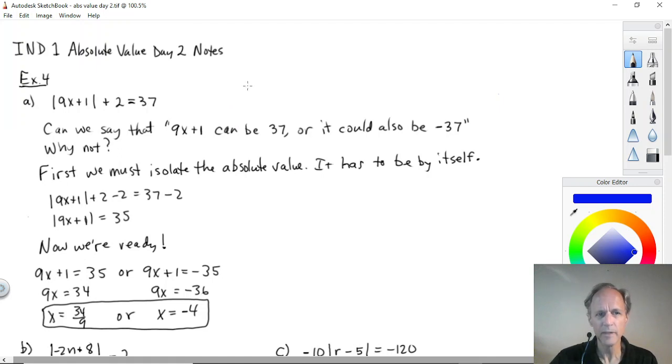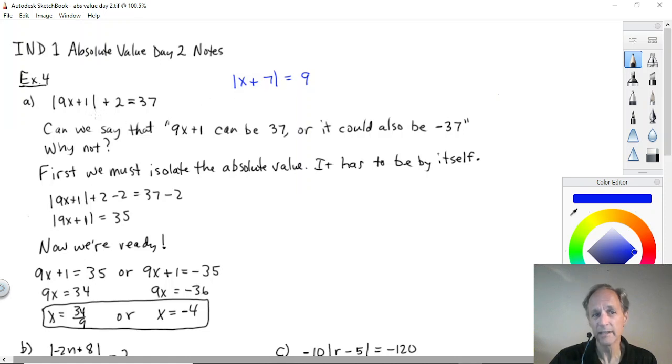Remember, they looked more like this. And yeah, it's simpler. We didn't have anything else on that side of the equation, just the absolute value.